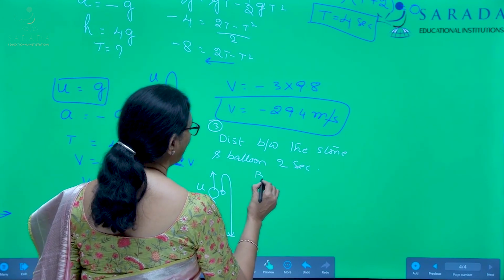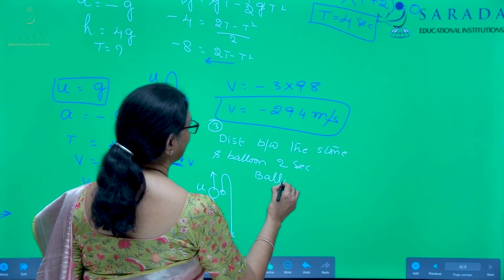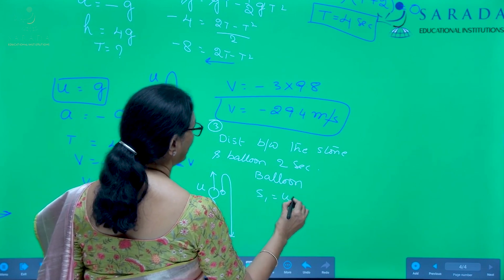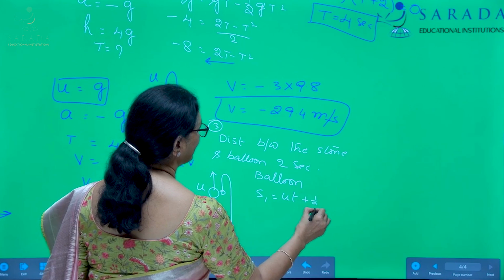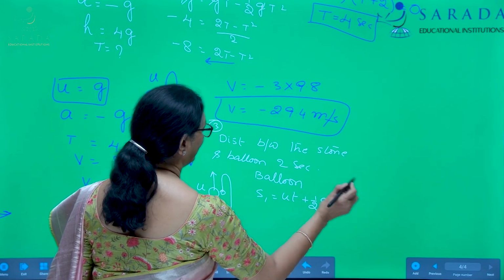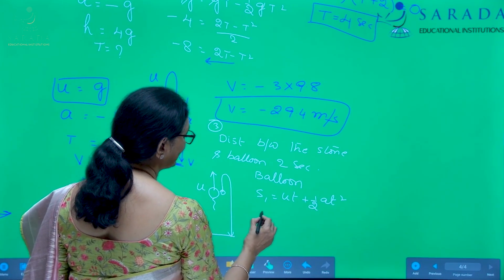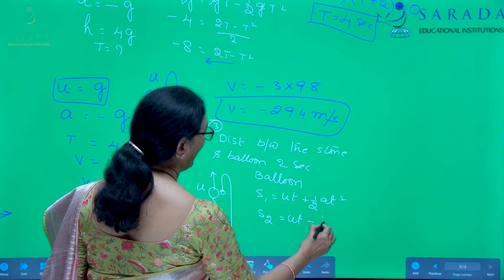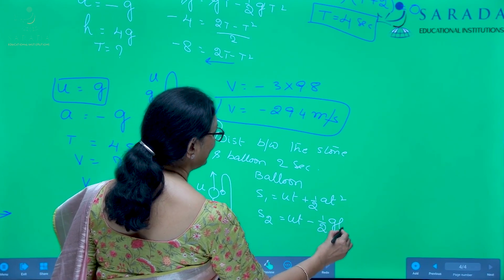As far as the balloon is concerned, displacement S1 is equal to ut plus half at square. As far as the stone is concerned, displacement S2 is ut minus half gt square.